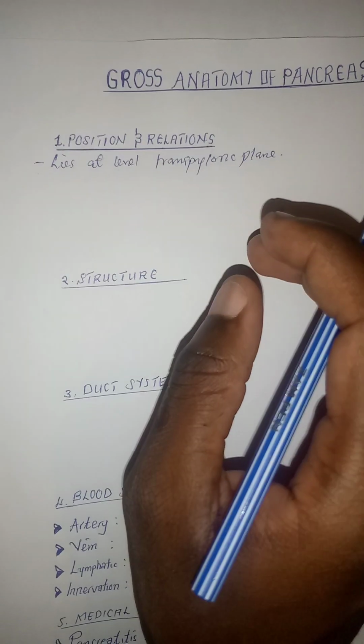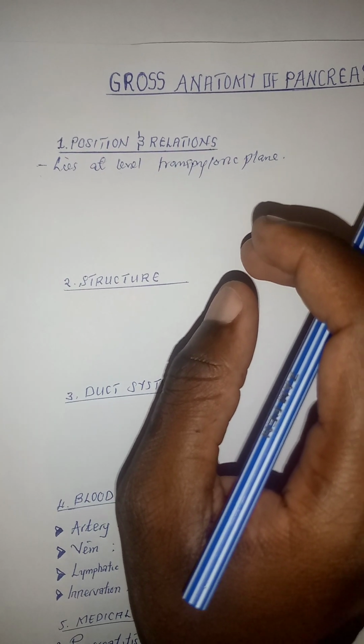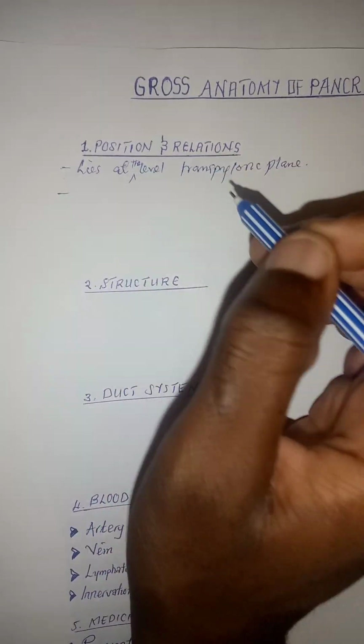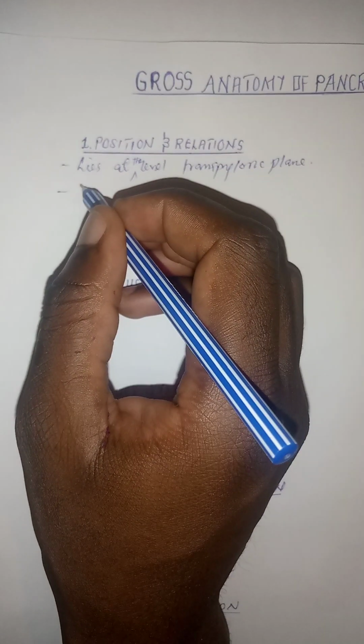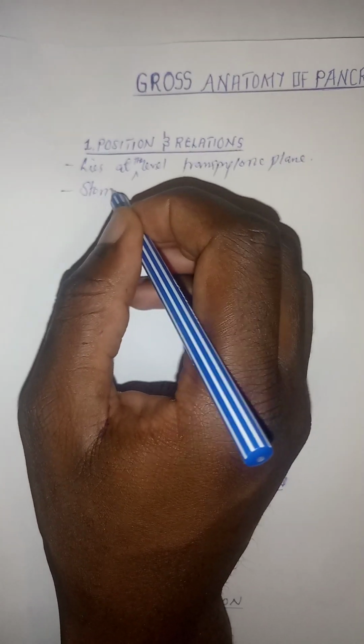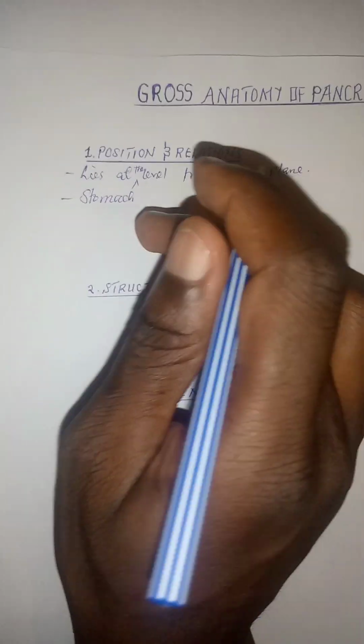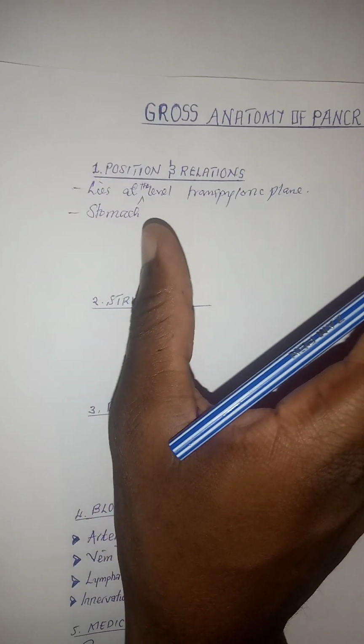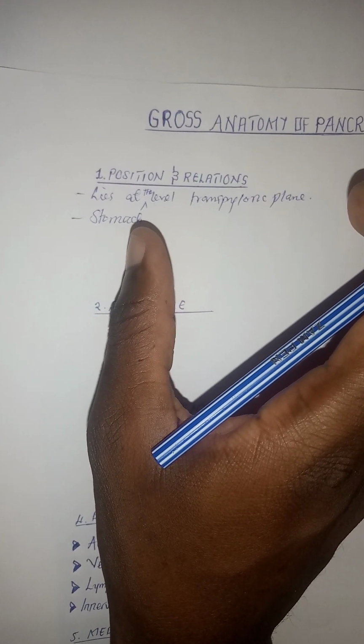In terms of relationship to other organs, the stomach also lies at the level of the transpyloric plane. Now we are done with the positioning of the pancreas itself.